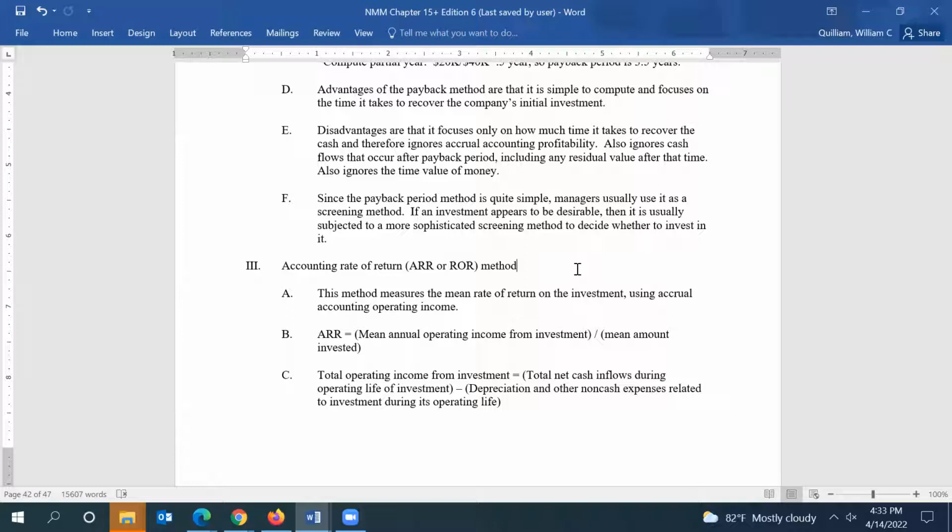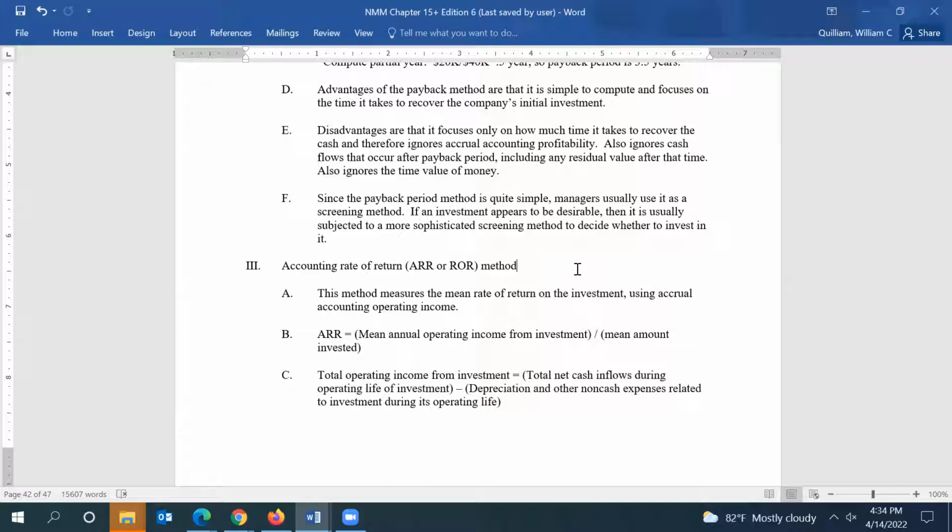ARR equals the mean operating income from the investment divided by the mean amount invested. I'll show you how I compute those. But like any rate of return, we want it to be as high as possible. So with more than one possible investment, we tend to go for the asset with a higher accounting rate of return.